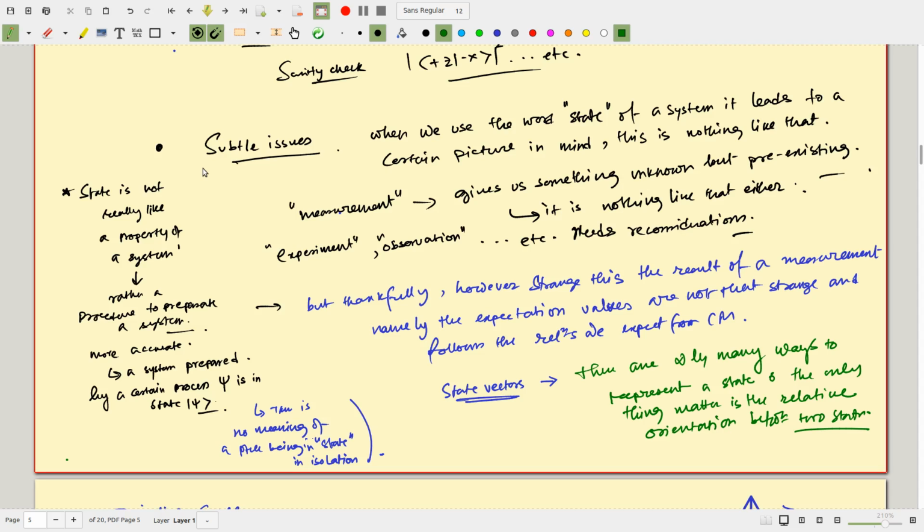But a quantum mechanical state is something even weirder, because it is not at all a physical object. So there is no associated concept like a system was in some state and after measurement you got to know that state. The point is, the system was not in any such state.